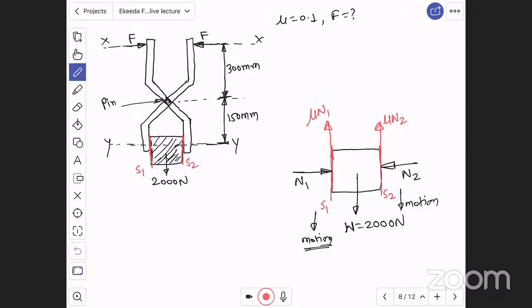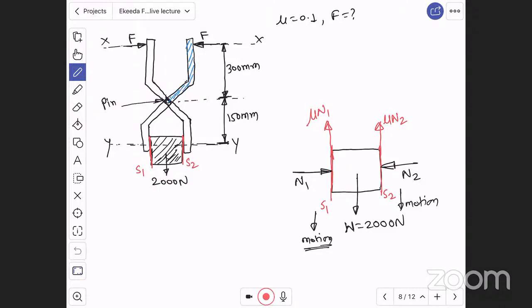Now, if I draw the free body diagram of any one arm of this device, that is the gripper tongue, let us say I am drawing it for this arm.